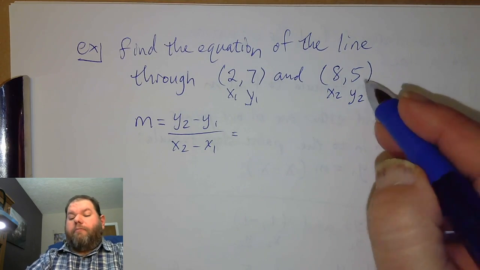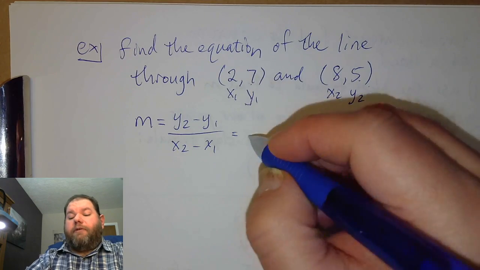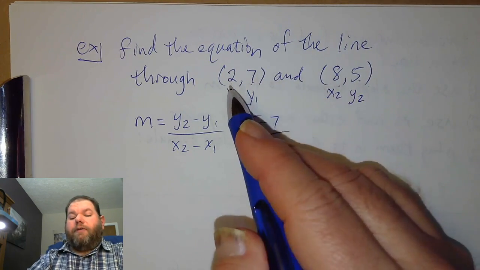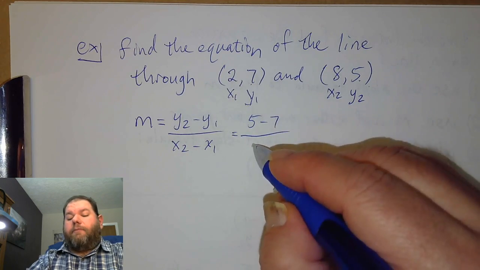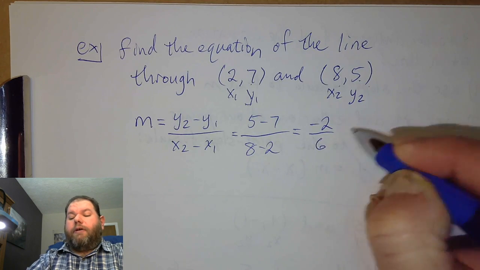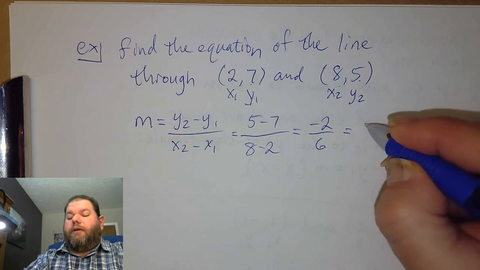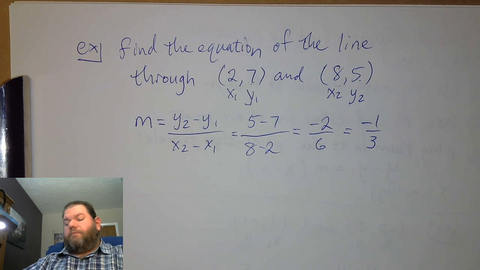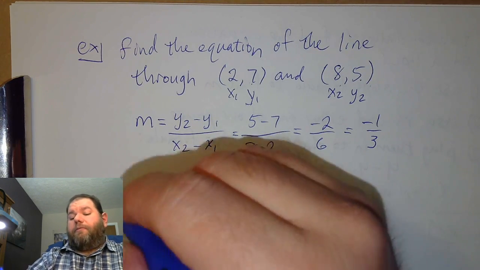So y2 minus y1, that'd be 5 minus 7 on top. And then x2 minus x1, that would be 8 minus 2 on bottom. So it's going to give us negative 2 over 6, which is negative 1/3. So that's our slope.